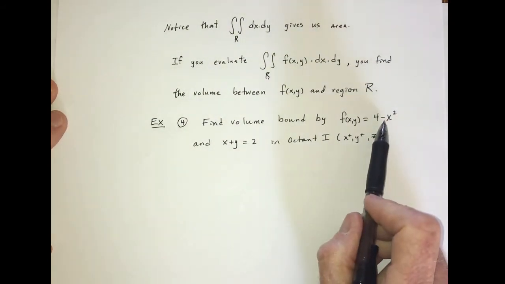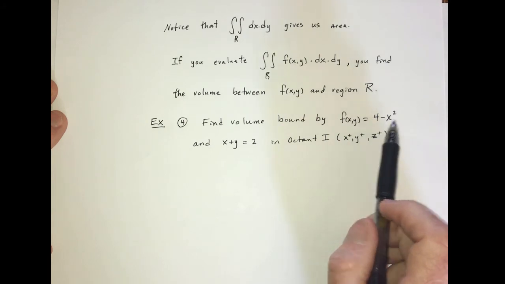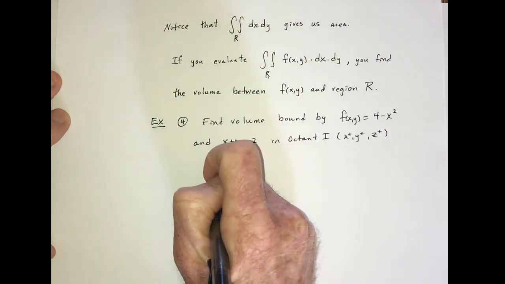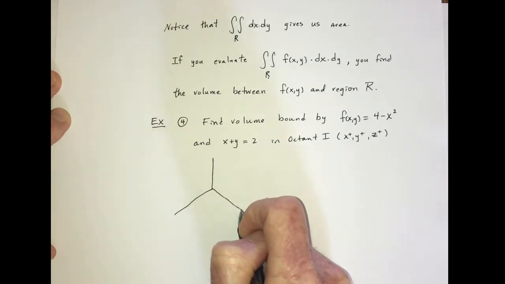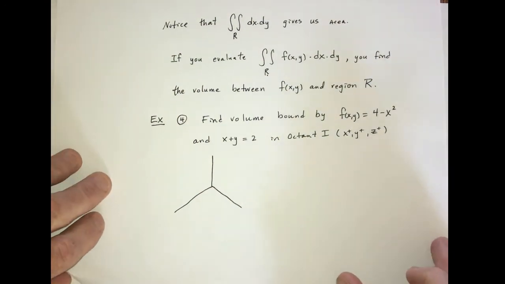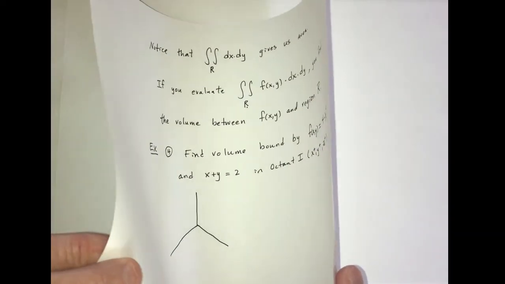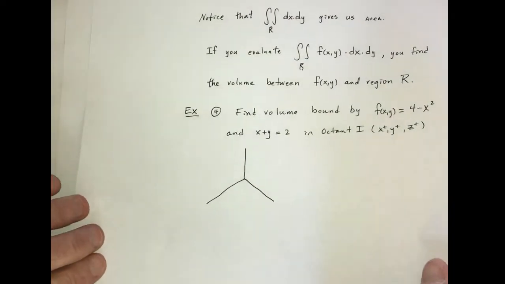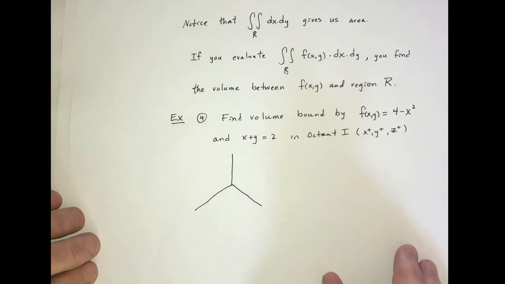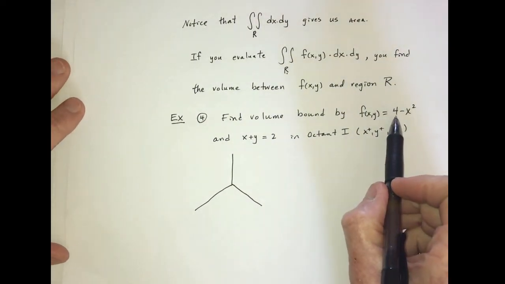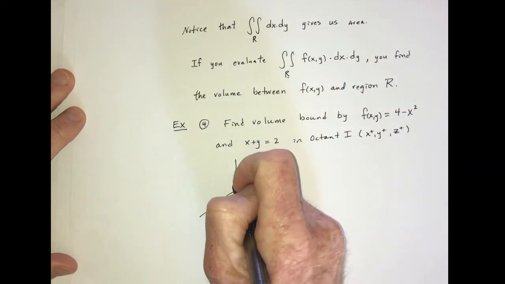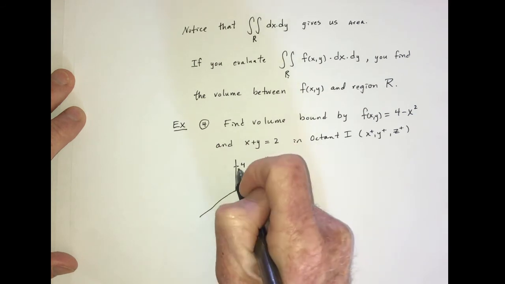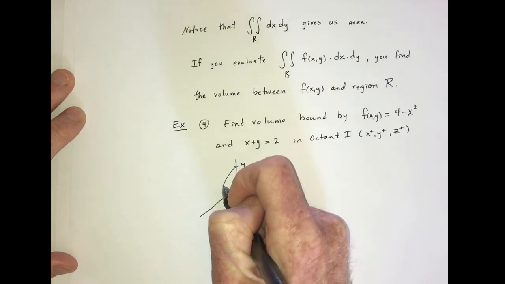So this right here, that's a paraboloid. So that looks like a parabolic sheet, or in other words, like a piece of paper that's been folded like this, and then it's upside down. And because of this 4, that's saying z would equal 4 and then minus something. So that means z would start at 4, and then it would be a parabola going down like this.